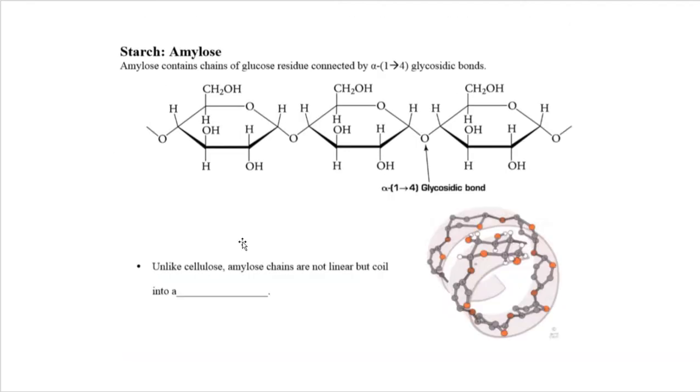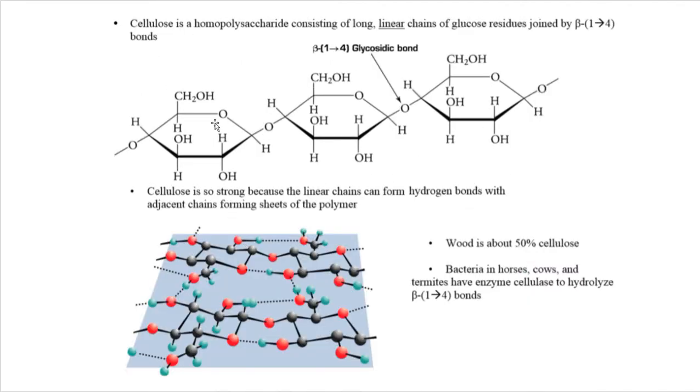Then, cellulose is a polysaccharide that is made by many units of glucose. They are joined by beta-1,4 glycosidic bonds. But between the chains, there is another type of bond, the hydrogen bonds.